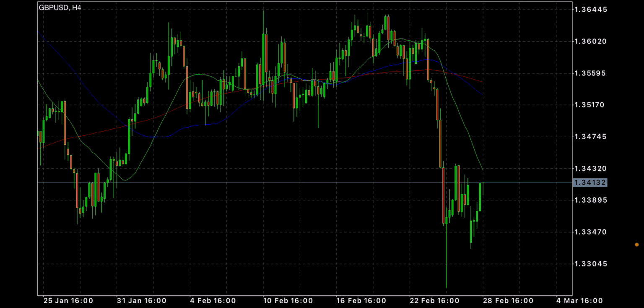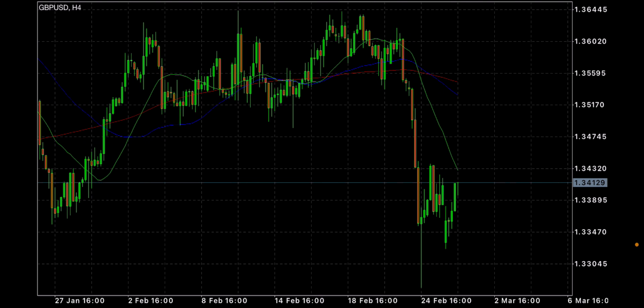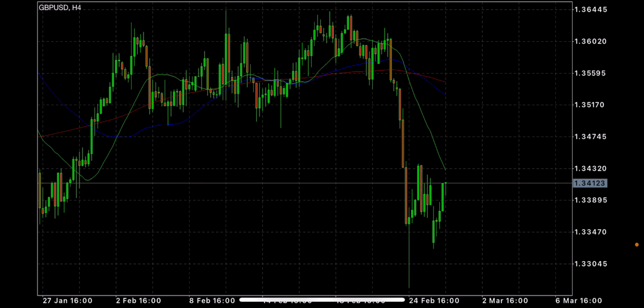But on the other hand, we have the USD behaving as a safe haven currency because of the Ukrainian-Russian conflict. And I believe the reason it's acting as a safe haven currency now, traditionally, USD is not a safe haven currency. Okay.